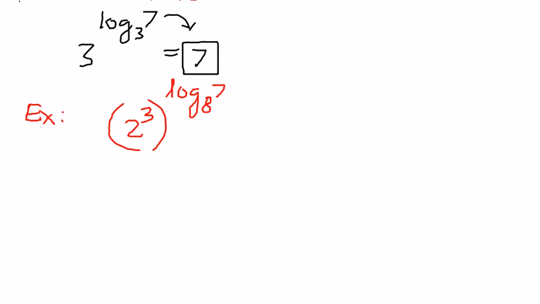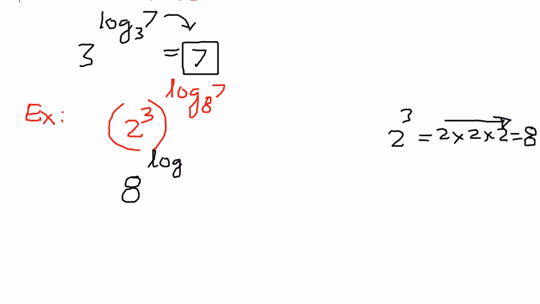Since 2 to the power of 3 is equal to 2 times 2 times 2, which is equal to 8, we can use that. So we can simplify this as 8 to the power of log 7 to the base 8.